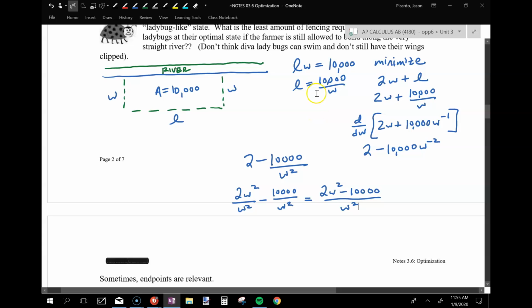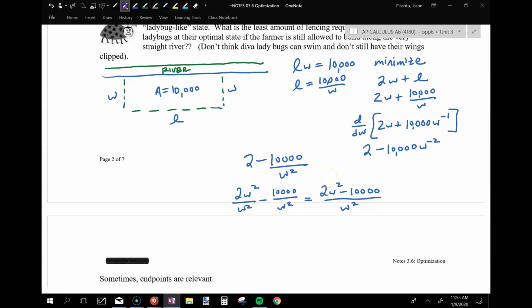No. Why do we not care about the 0? Because if we had a 0 for this or a 0 for this, we would have an area of 0, right? So we know that even though this is a critical value, it's not going to matter. Okay? So we'll take the numerator and set it equal to 0.